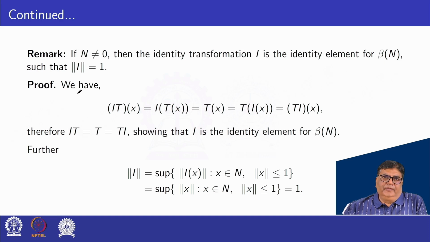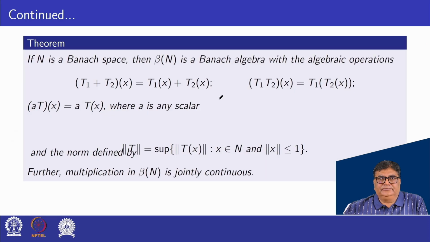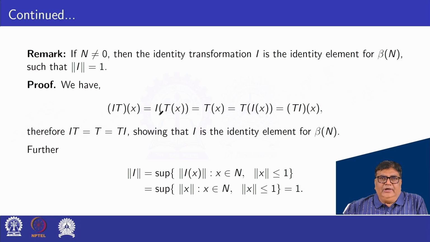Proof. We have IT x, the multiplication of two operators I and T. ITx equals I into Tx, applying this property. Since I is the identity, it can be written as Tx.